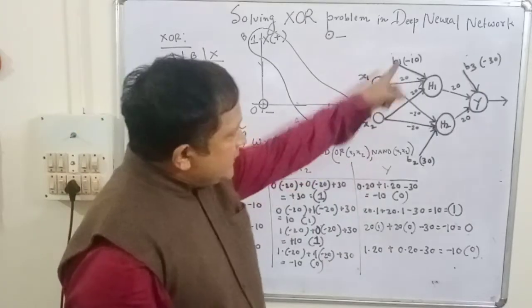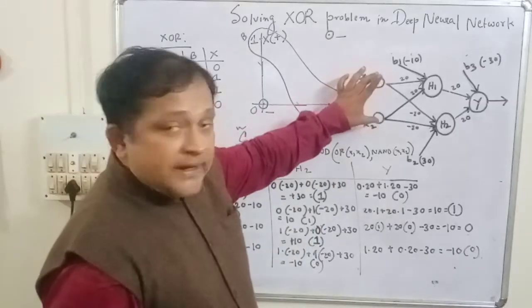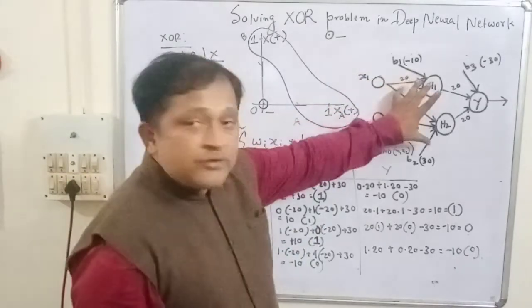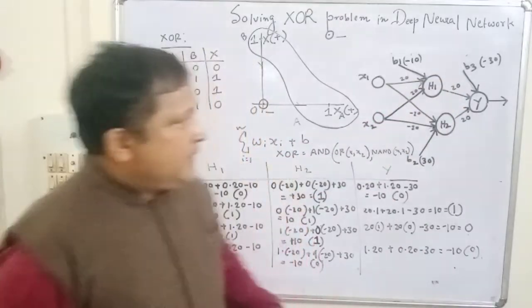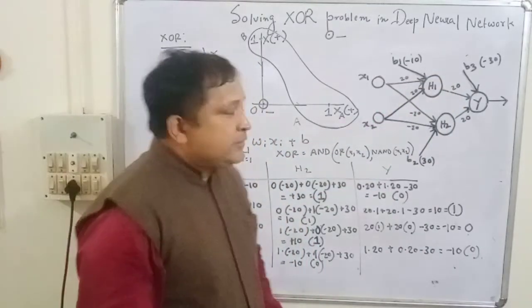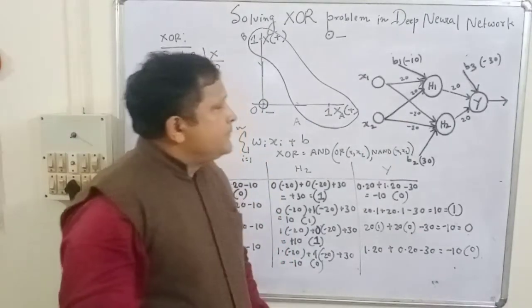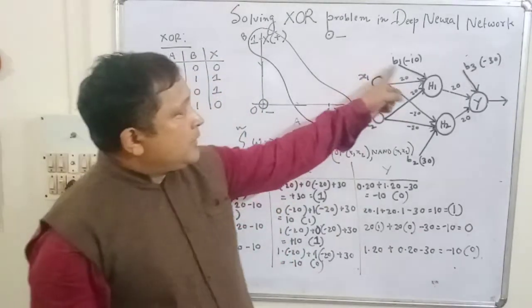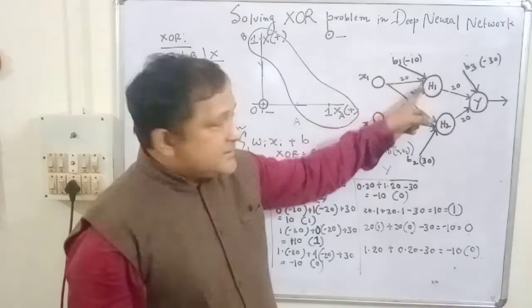So, in the neural network, it's a very simple neural network. We have 2 inputs in the input layer, 2 neurons in the hidden layer, and 1 output layer. So we have designed a very simple neural network to solve this. Now, there are the weights and biases associated with each input to the next layer.